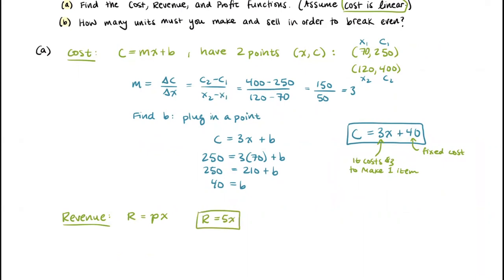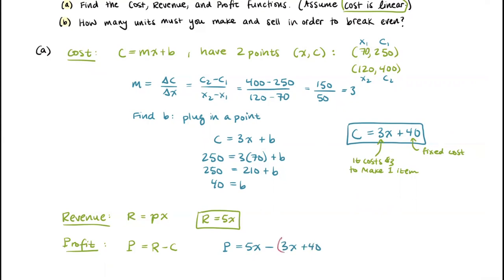And once we have those two pieces, profit's pretty straightforward. We just take our revenue and we subtract cost. So let's see. Our revenue is 5x. Our cost is 3x plus 40. And we're subtracting the cost, which has two terms in it.